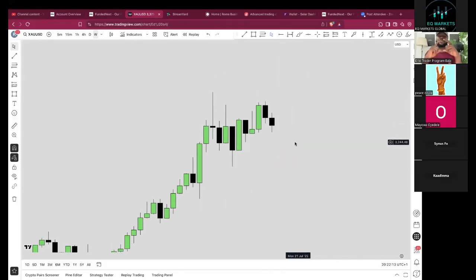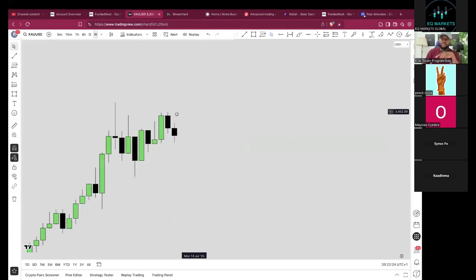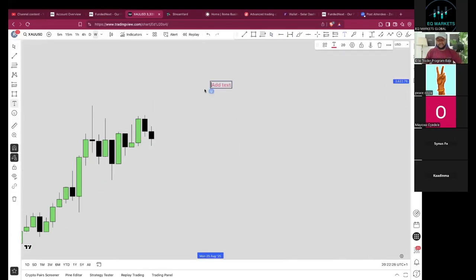Price is always doing two things in the market. Pick your pen and your book and write it. Price is always doing two things in the market. One, price is targeting liquidity. All right? Liquidity. That is the first thing price is doing. And then two, price is balancing imbalances.